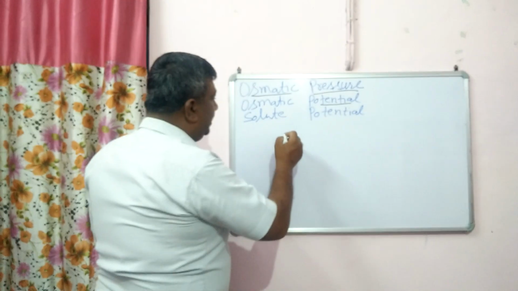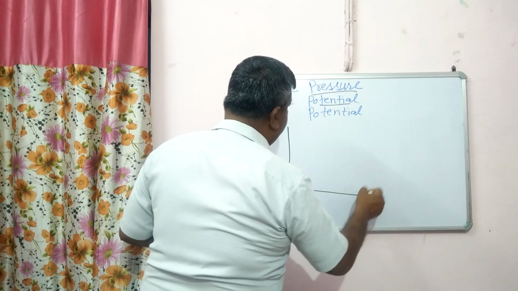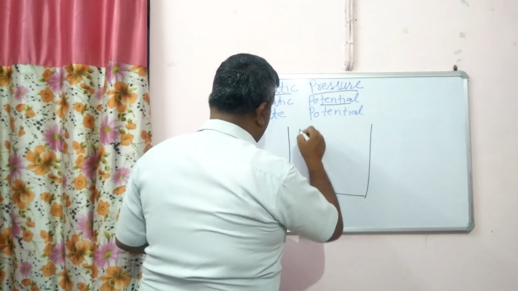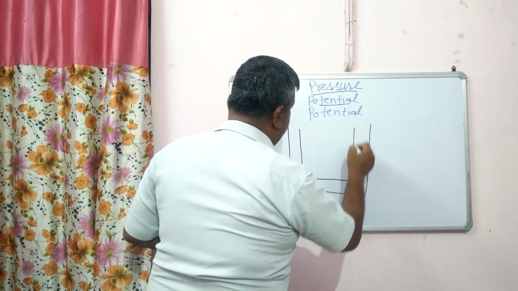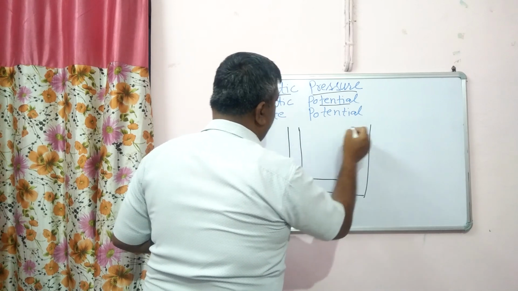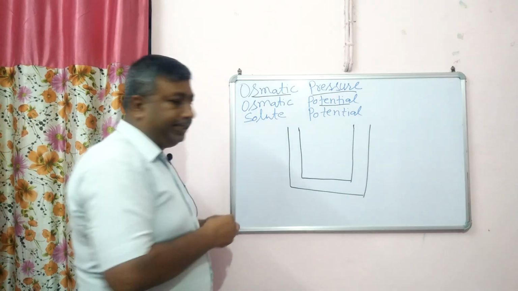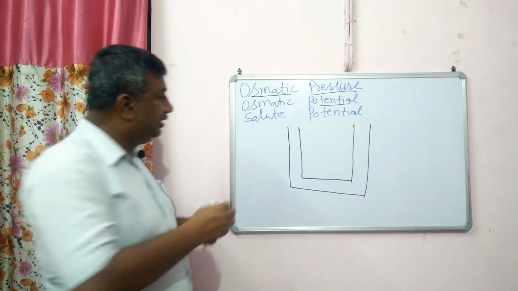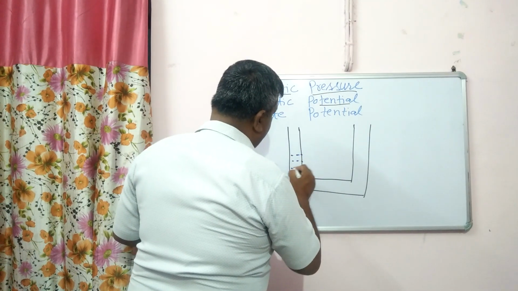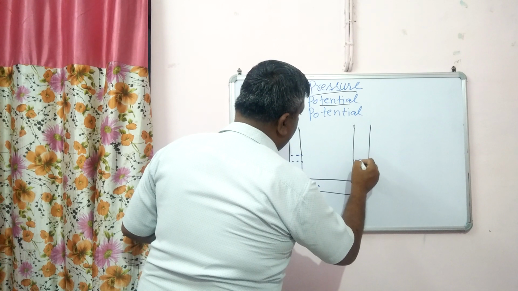And we can understand it in such a way that water is maintained in this manner, and this is the tube, and water is present, and water level is maintained to this level.